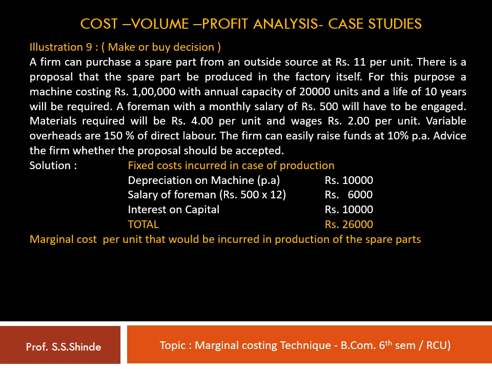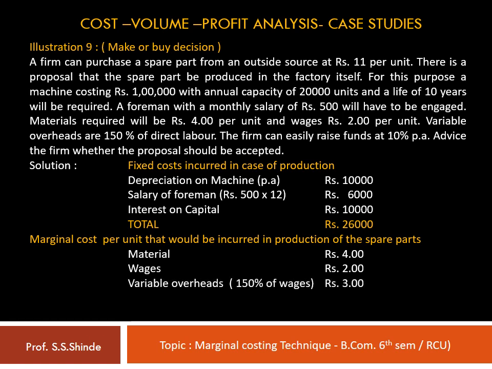Now the marginal cost per unit that would be incurred in the production of spare parts are material rupees 4 per unit, wages rupees 2 per unit, and overheads at 150% of wages, that is 3 rupees per unit. So the total marginal cost that would be incurred is rupees 9 per unit.